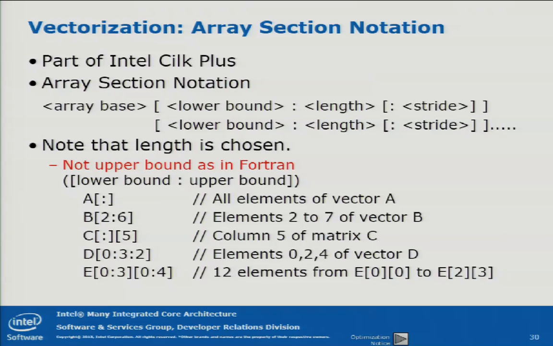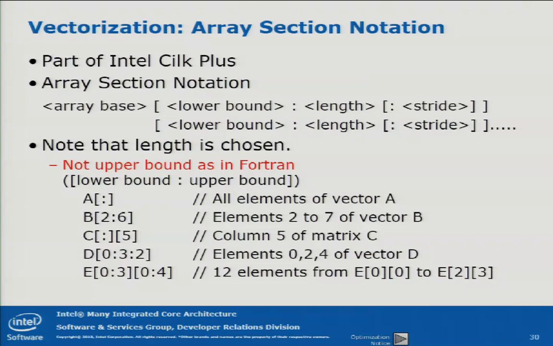Okay, the other thing is we have section notations. That's kind of the idea of Fortran with array notation, and we do that in C. We do it differently, with C-style semantics. So for example, in Fortran, it is lower bound, upper bound, right? In C, it is lower bound, length, and stride.